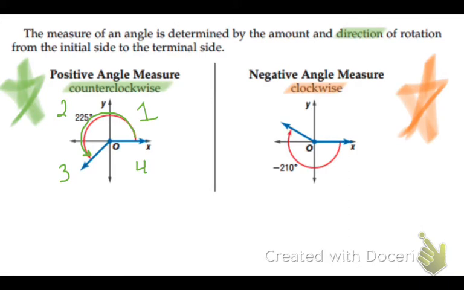If these numbers are going backwards, if we go to quadrant 4 first, 4, 3, 2, 1, that would be considered clockwise rotation. So if you're going into quadrant 1 first, that is a positive angle measure. If you're going into quadrant 4 first, that is a negative angle measure.